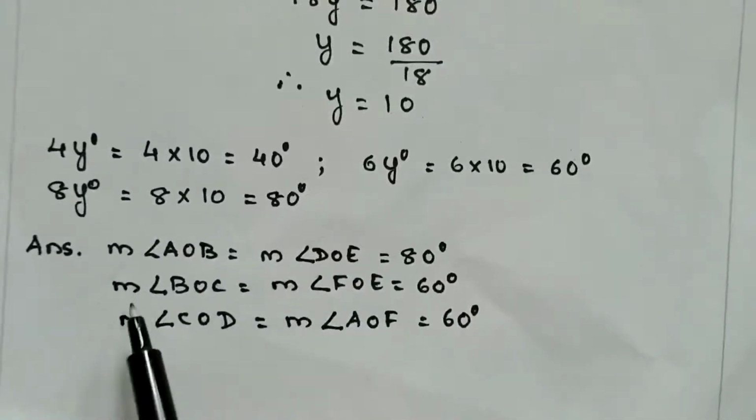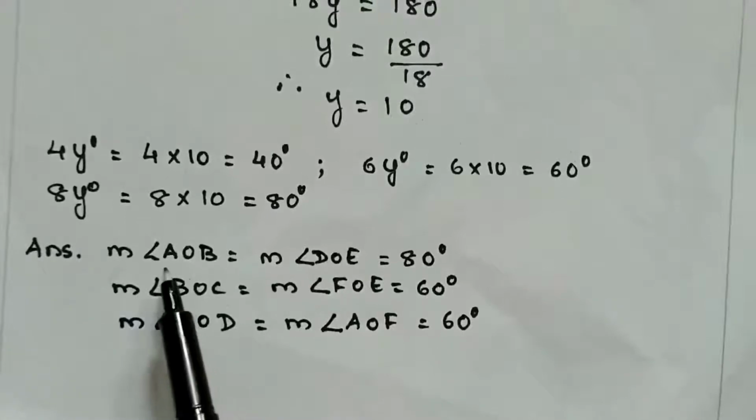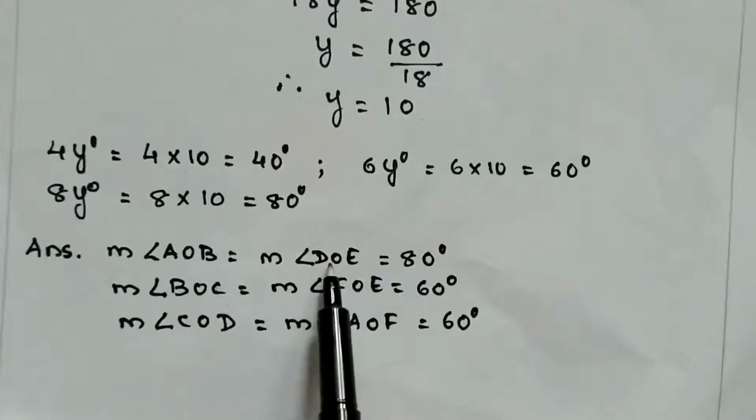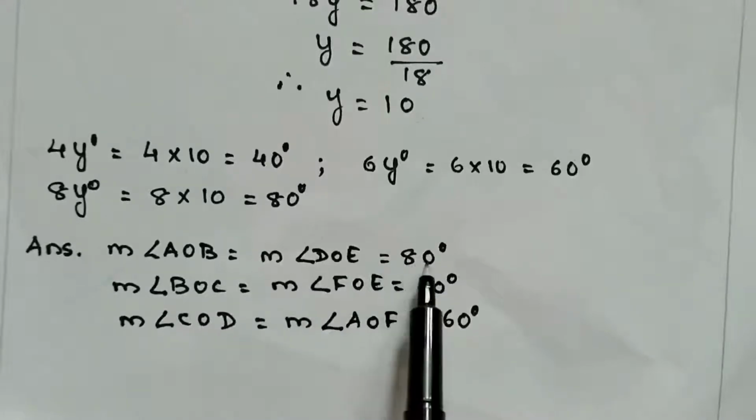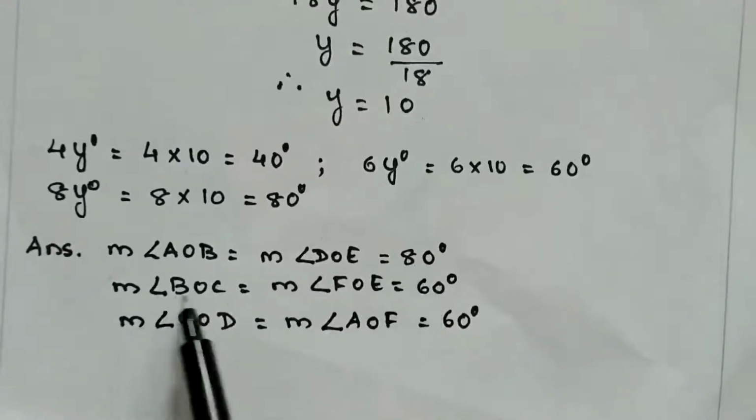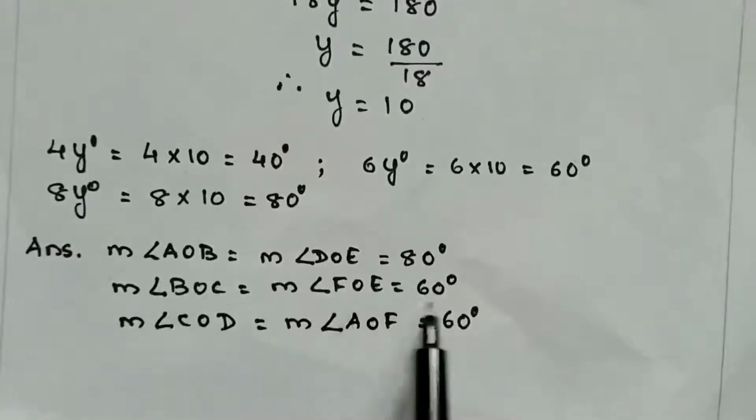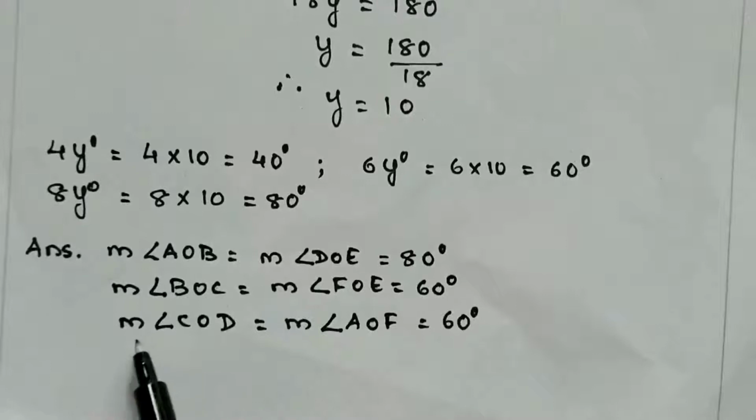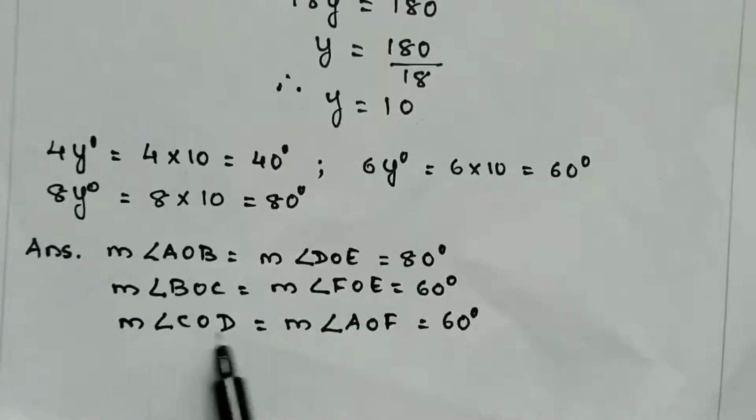So you can write the measures of each of the angles. They are all vertically opposite angles. AOB is vertically opposite to DOE. So you get both of them as 80 degree. BOC and FOE are again vertically opposite, so each of them is 60 degree. And similarly, angle COD and AOF is also 60 degree.